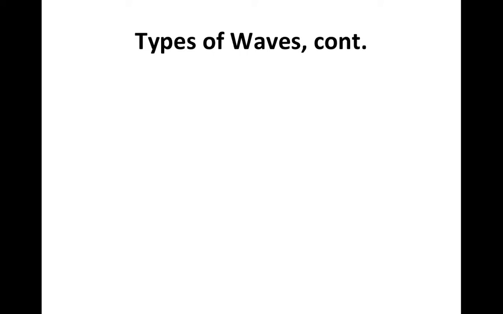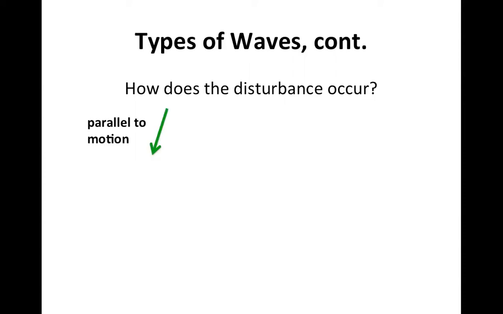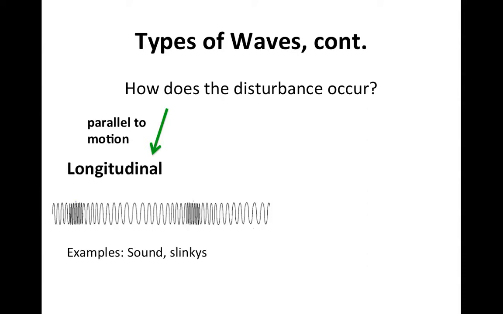Okay. The second classification would be, how does this disturbance occur? Because remember, a wave is just a disturbance. So if the disturbance or motion is parallel to the direction of the movement of the wave, then we call that longitudinal, because think of the word longitude, like a parallel line that wraps around the earth.